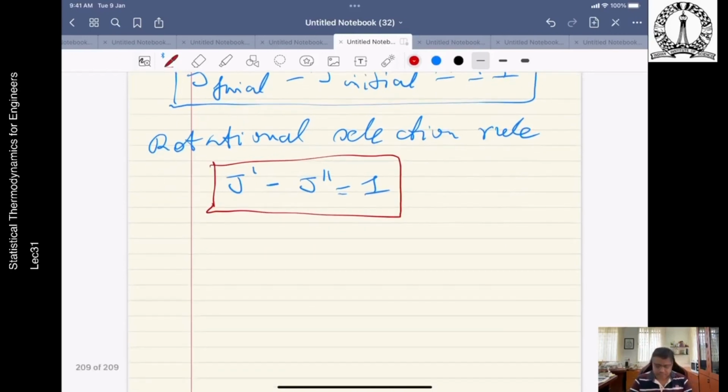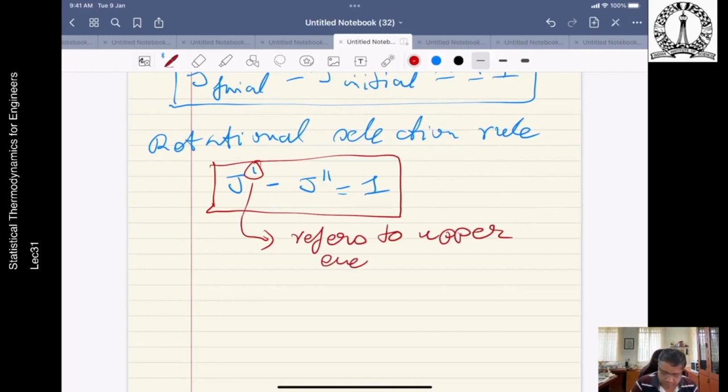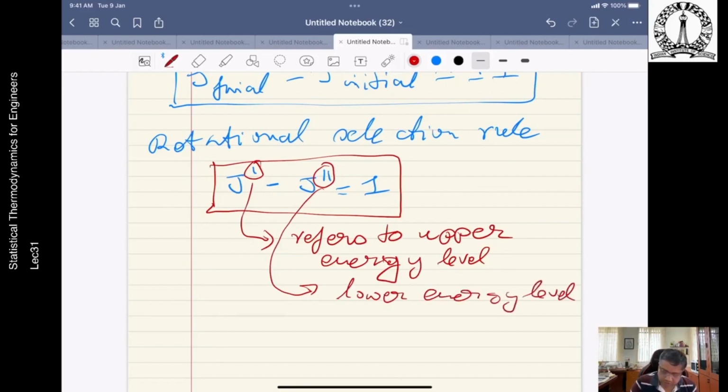Okay, the single prime refers to the upper energy level, and the double prime refers to the lower energy level for any transition, whether absorption or emission.